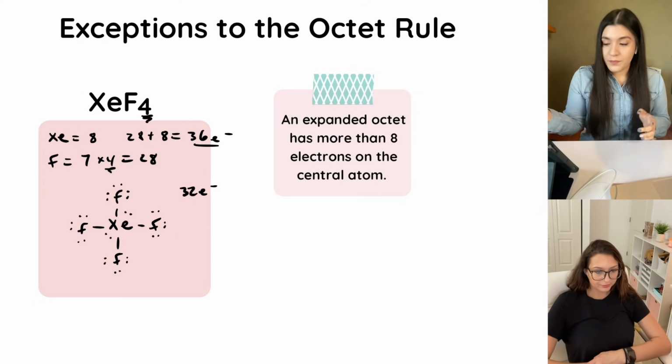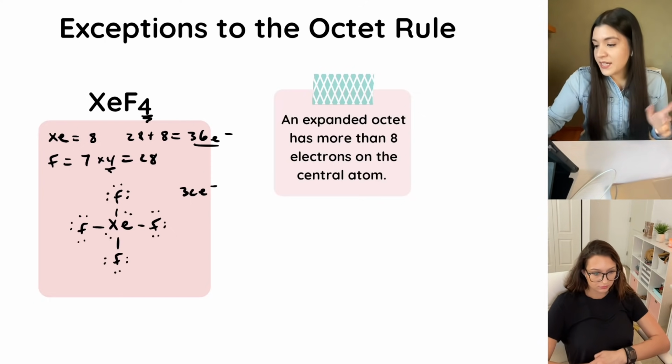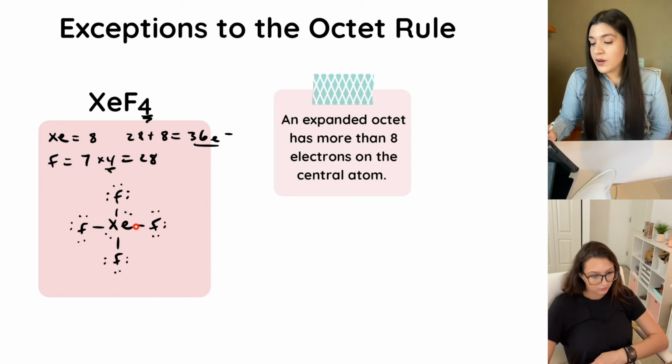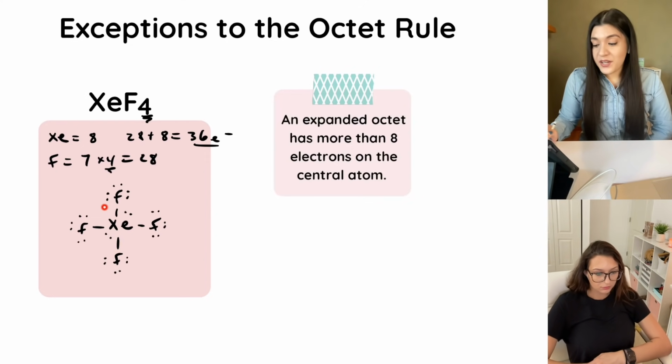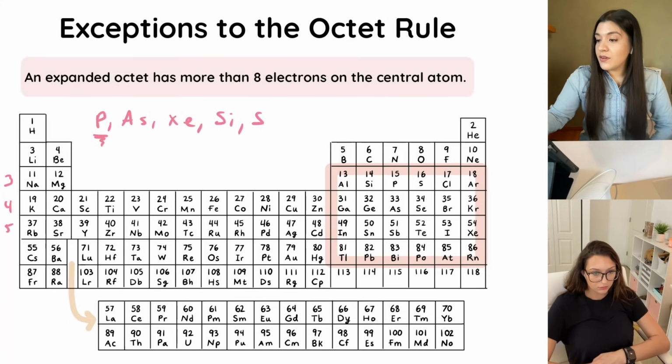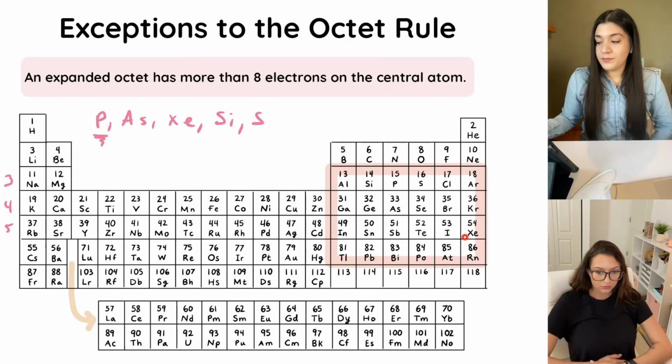Okay. And in this case, we do have 36. We will see that this is going to be an expanded octet because this has 2, 4, 6, 8, 10, and then 12. So this actually has 12 valence electrons surrounding it, but that's completely fine because it is part of the exception right here.